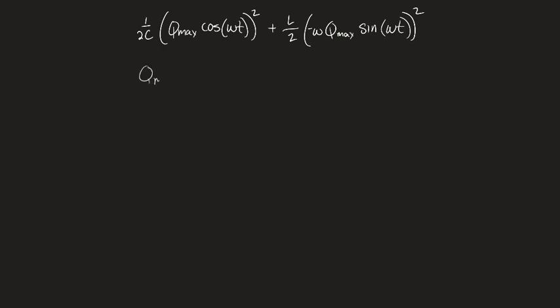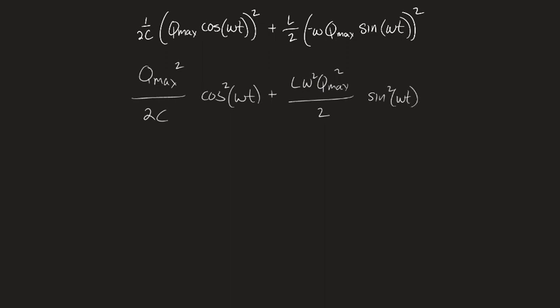I've got Q max squared over 2C all times cosine omega t squared. But on the other side, I've got L omega squared Q max squared over 2 times sine of omega t squared. Now, this doesn't look constant, but work on it.